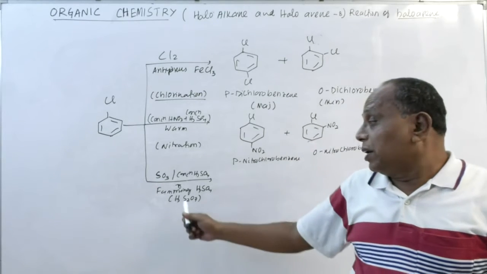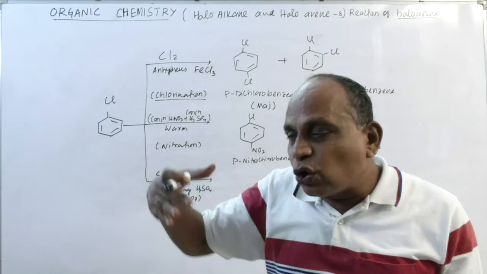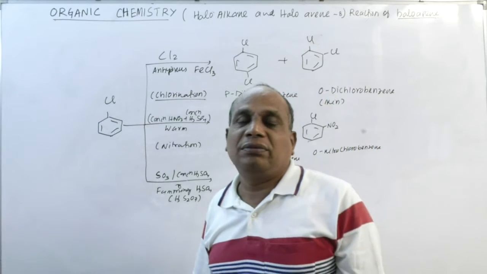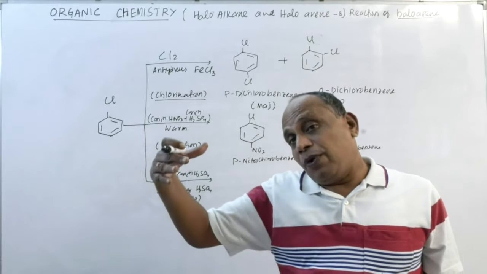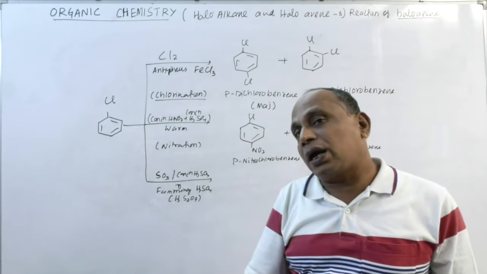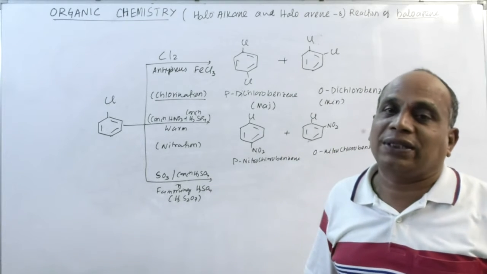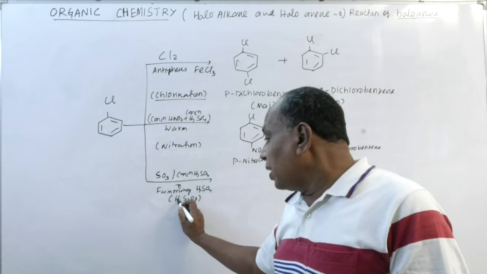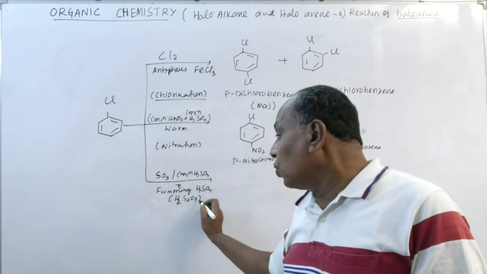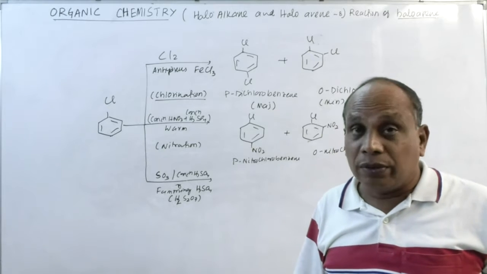Fuming sulfuric acid means sulfur trioxide gas dissolved in concentrated sulfuric acid. That means it gives fumes of sulfur trioxide, and this is called oleum.